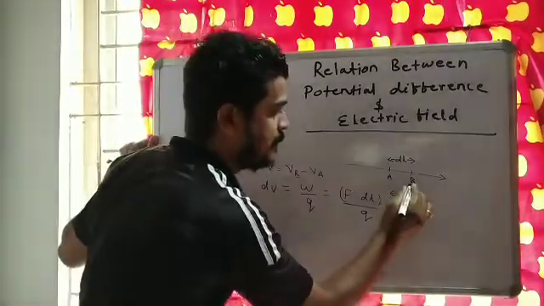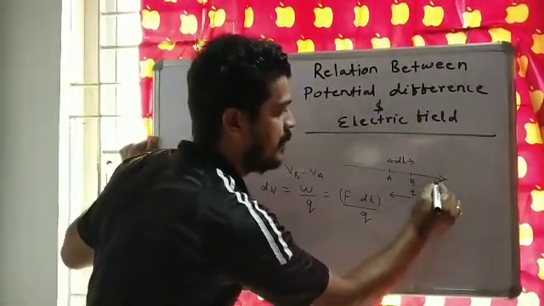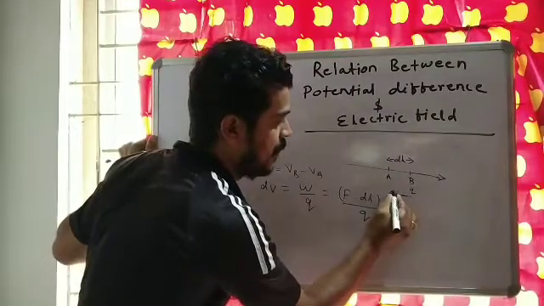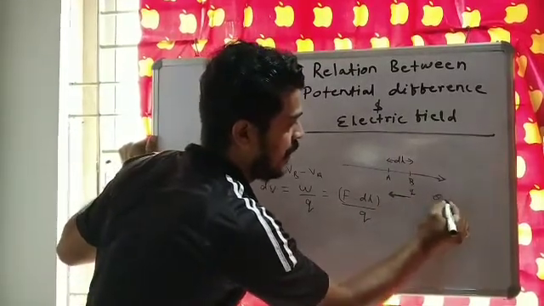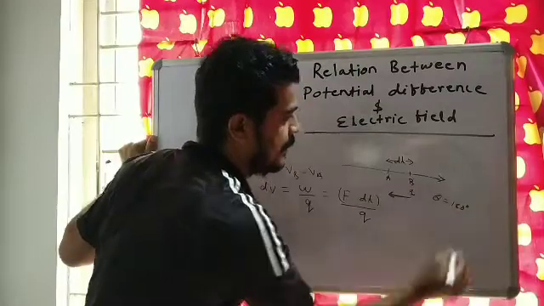My electric field direction is in this way and I am moving in this way, so theta is 180 degrees.